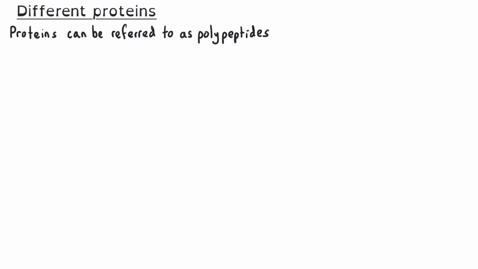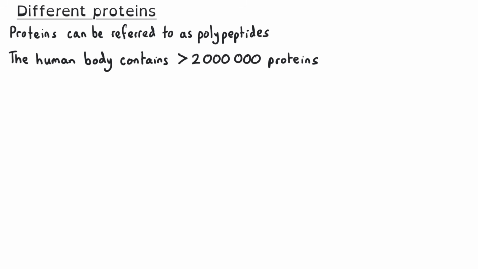Proteins can be referred to as polypeptides, since they can be made by joining sequences of peptides together, as well as by combining amino acids. The human body contains more than 2 million different proteins, built from only 20 different amino acids.